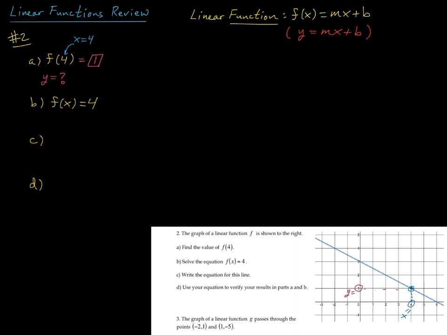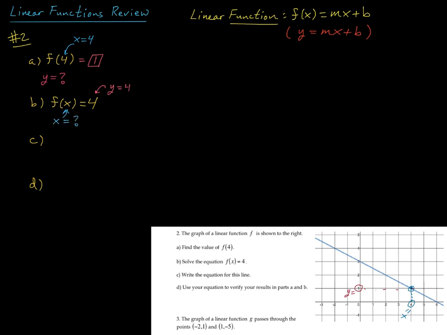All right, now for part B, it says solve the equation f of x equals 4. Well, now y is equal to 4, and our job is to find x.